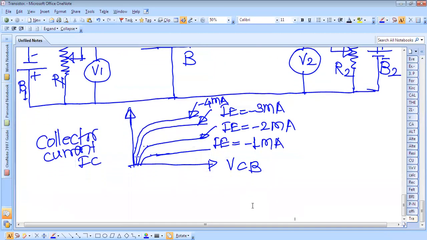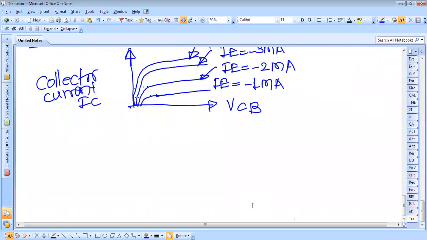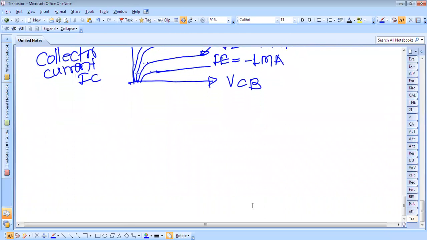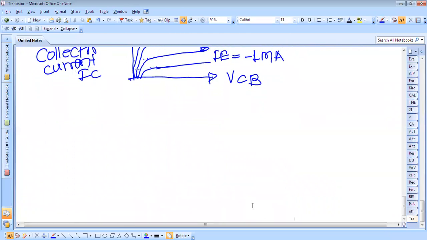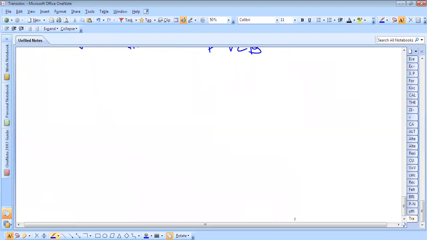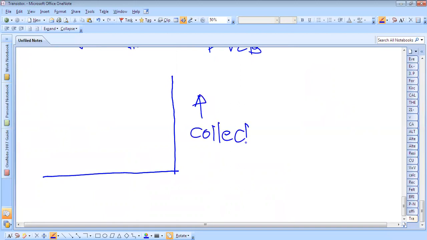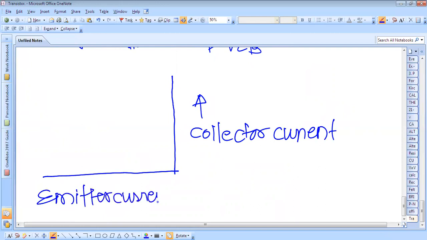So the collector current is practically proportional to the emitter current. We have also got the readings of collector current and emitter current. On this side it is the collector current, on this side it is the emitter current. Because emitter current is negative, we have taken the reading for 1 milliampere.